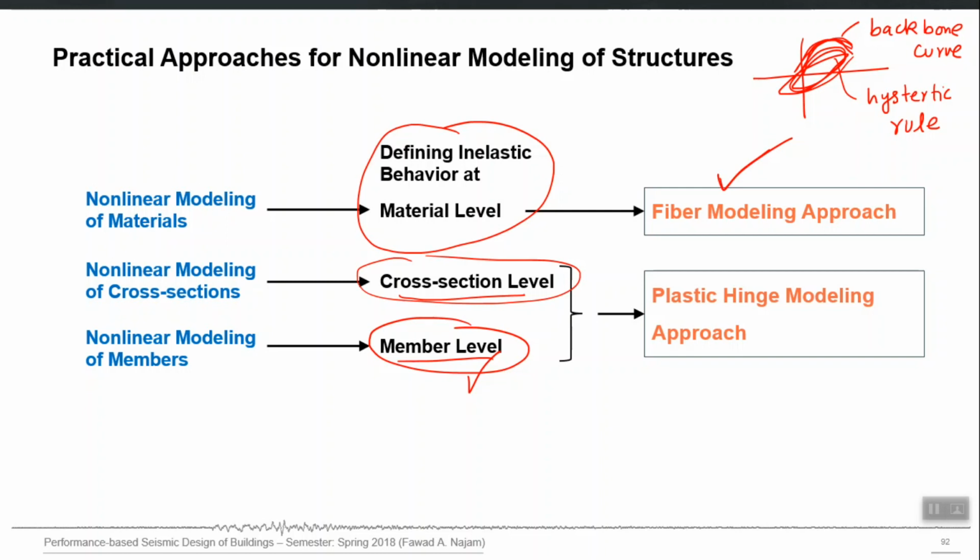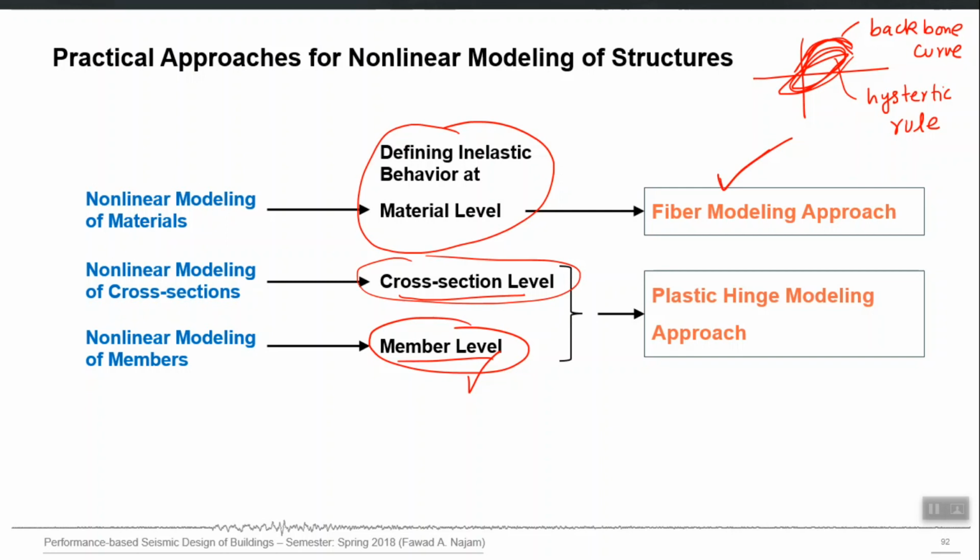If I model the same column using the plastic hinge approach, I will lump that at two ends of that column, for a reason which I will explain in the next class, and I will give a direct member level moment versus rotation behavior of that column at those two points, right? And that nonlinear action deformation, moment versus rotation, will account for the effect of cracking, yielding and everything implicitly, right?